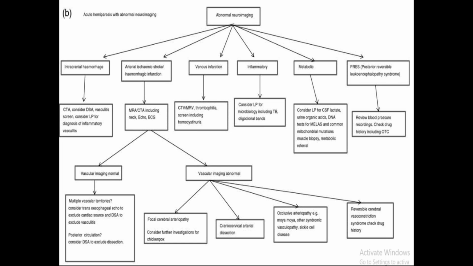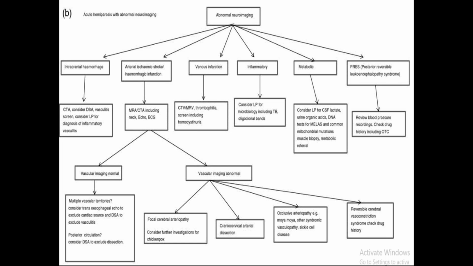And PRES syndrome, yes, in case of high blood pressure and acute glomerulonephritis, the child can manifest with PRES syndrome and hemiplegia, which is transient, and it can resolve after a few days.